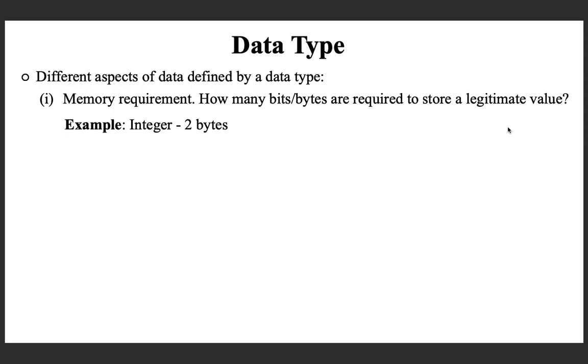So if you want to represent a number in a computer, then you are bounding it. The mathematical set may be infinite, but you can only represent finitely many integers in a data type. If it is 2 bytes, only 2 to the power 16 different numbers can be represented, because only 16 bits are used.